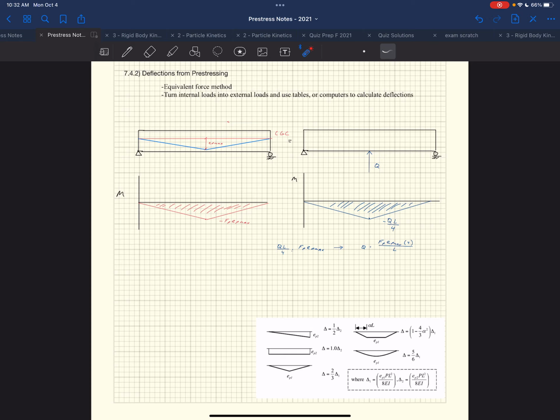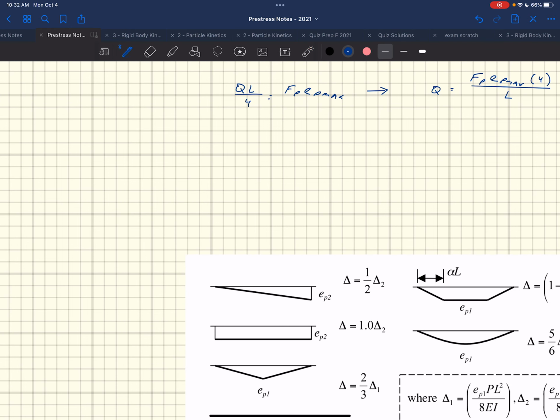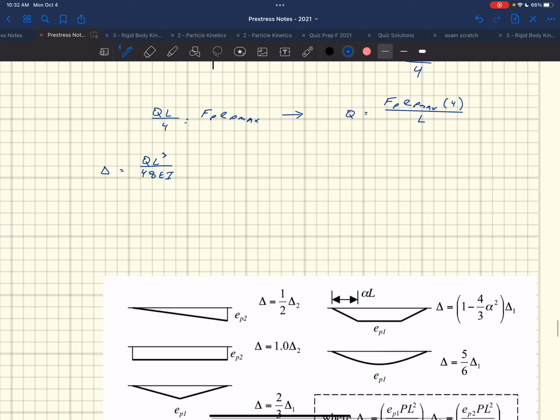So then you would go to that, and you'd look it up, you'd say, all right, deflection equals QL cubed over 48 EI. And then instead of leaving it as Q, you put this Q in there.